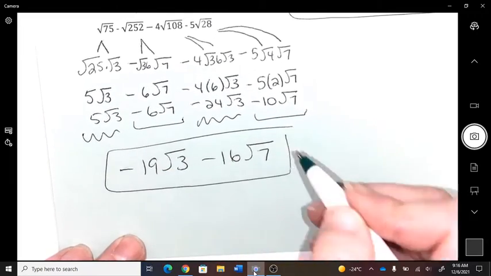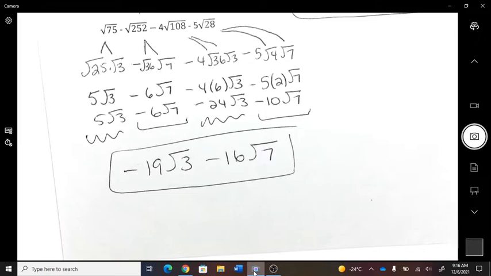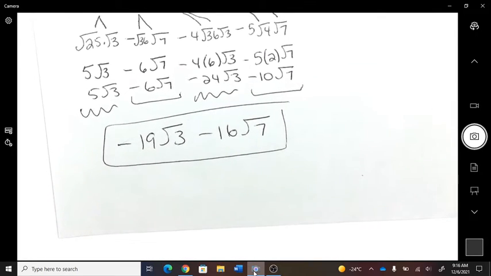So see what you can come up with for combining them. Did we match? For those of you that did it on your own? So negative 19 root 3 minus 16 root 7.